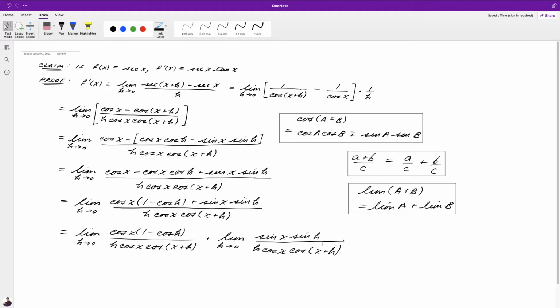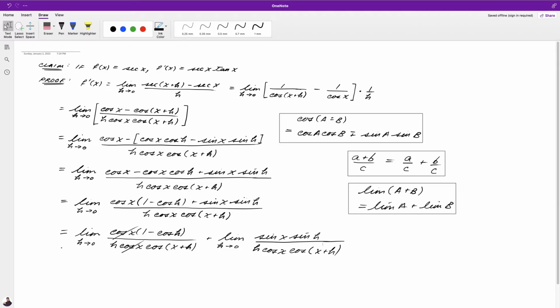Now it's worth pointing out that the limit is dependent on h. The limit is not dependent on x. Now that being said, cosine x over cosine x is 1.